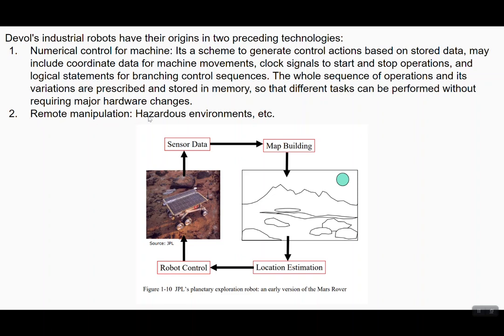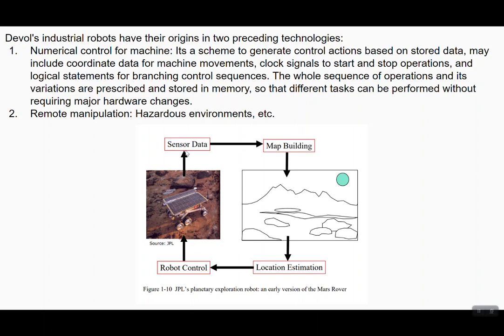The second technology is remote manipulation, like in a hazardous environment, for example, just as an example of where and how robots can be used. So this is a Jet Propulsion Laboratory planetary exploration robot, the Mars rover, and you see what it's doing.